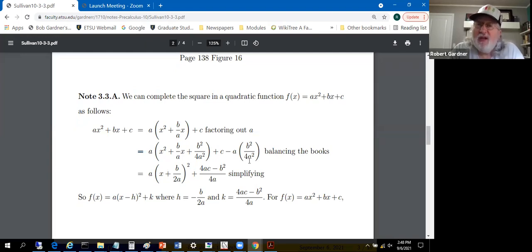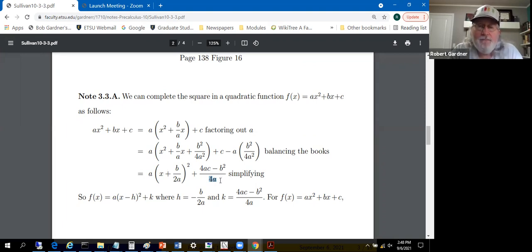So let's get a common denominator. Let's multiply c by 4a over 4a, and that's what happens here and here. We'll get a common denominator and combine these two. Then we'll have 4ac minus, we're going to cancel that a, minus b squared. 4ac minus b squared all over 4a.